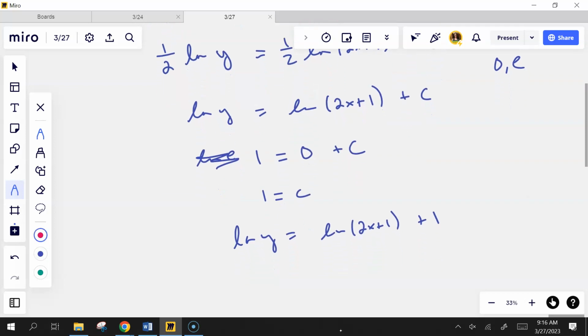If I e both sides, I get y equals, remember, this is like saying this times e to the first. These would cancel. I'd get e times 2x plus 1.